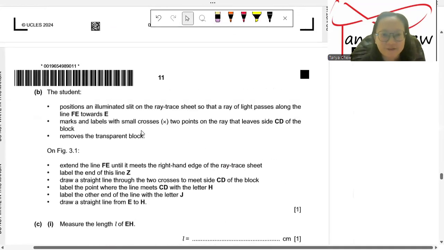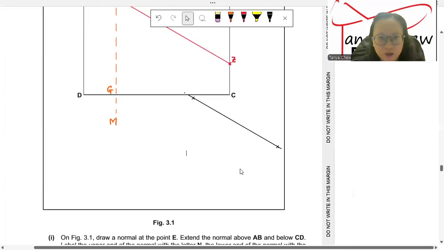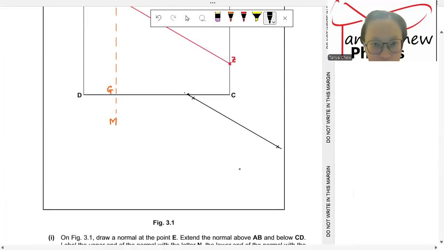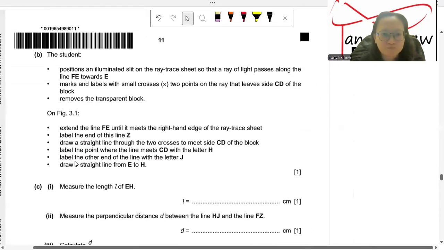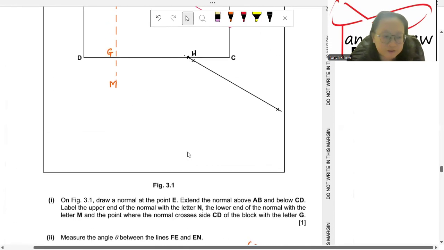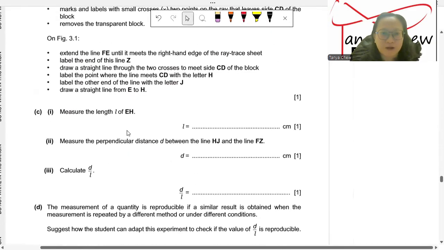You have to meet CD of the block, and label the point where the line meets CD with the letter H. So this is it, H is here. Label the other end of the line with the letter J. This is J, and done with that as well.